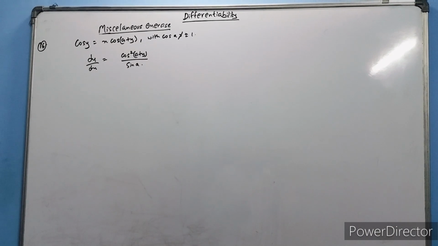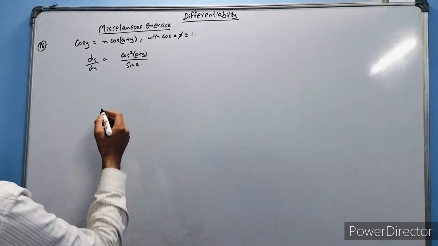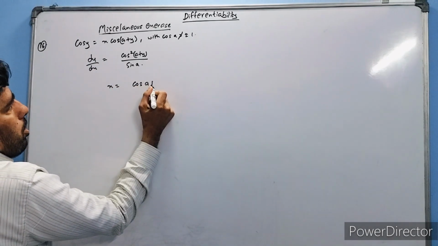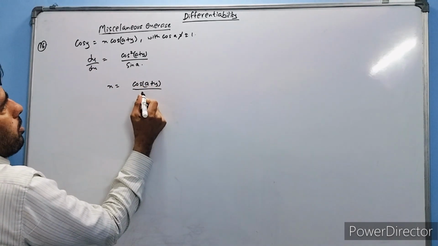So now let us see how we can solve this function. You can take x is equal to cos y upon cos(a plus y).